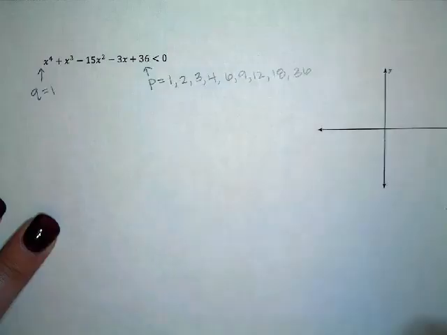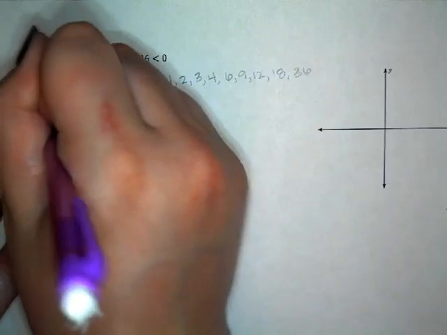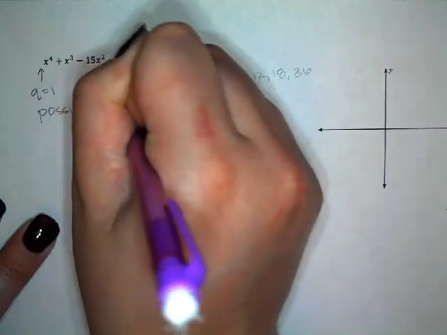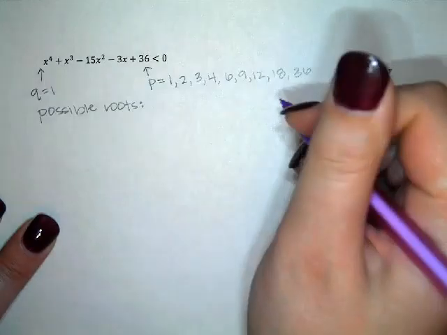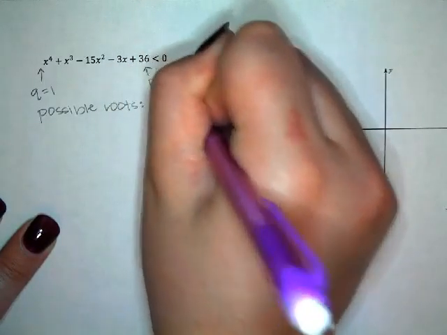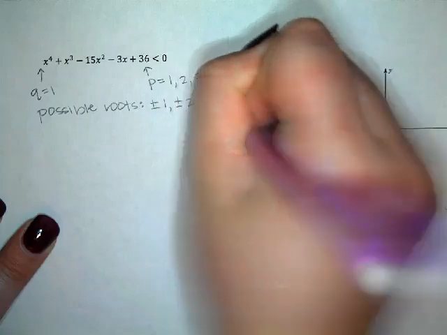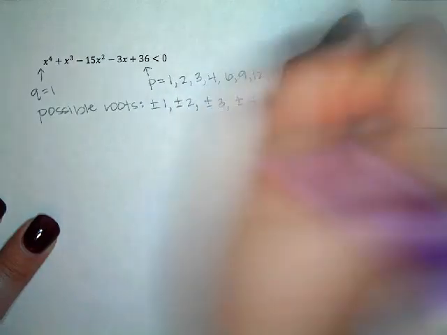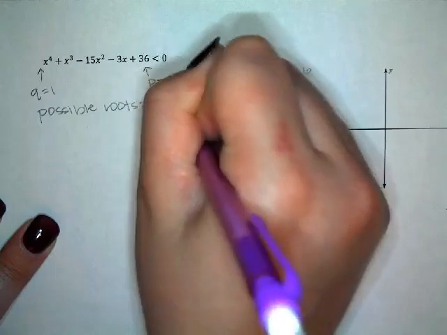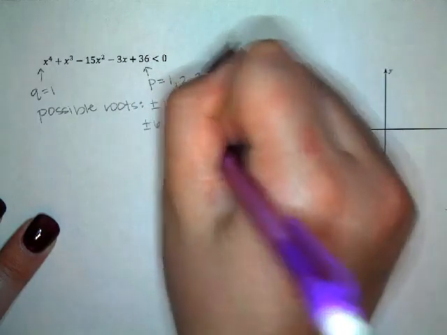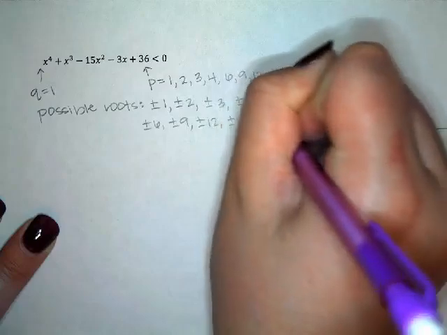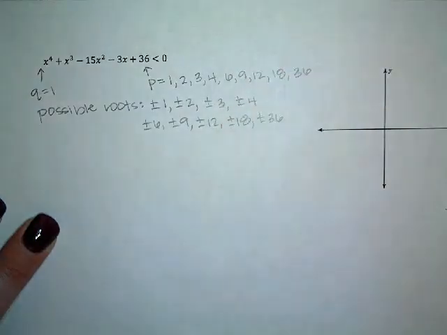So the possible roots are plus or minus 1, plus or minus 2, plus or minus 3, plus or minus 4, plus or minus 6, plus or minus 9, plus or minus 12, plus or minus 18, plus or minus 36. Okay, hopefully one of the small numbers works.